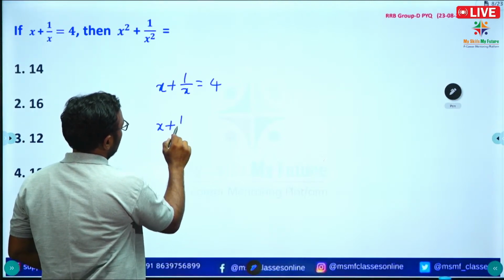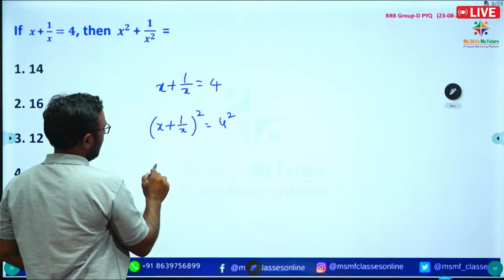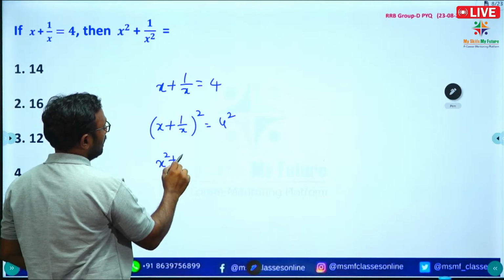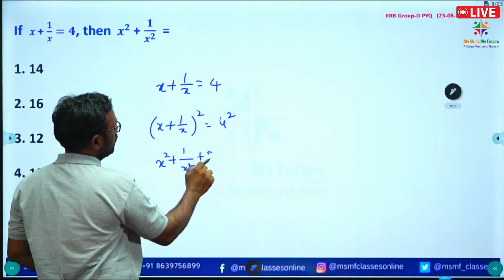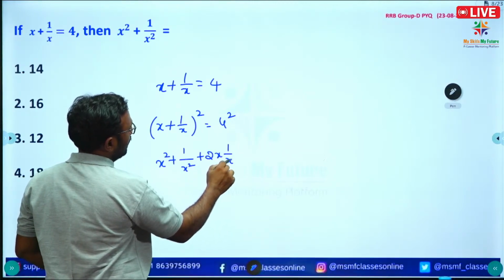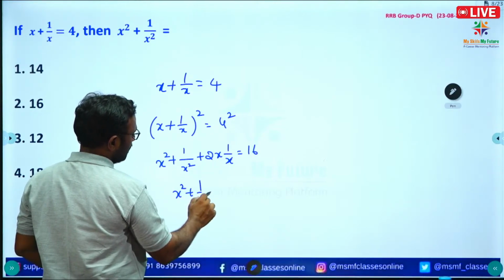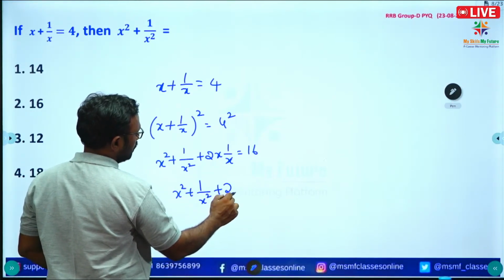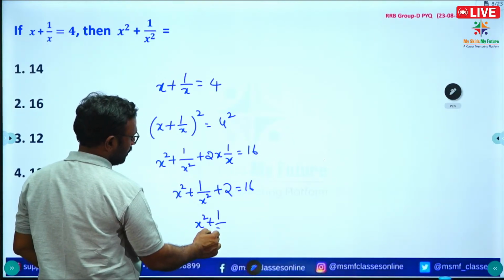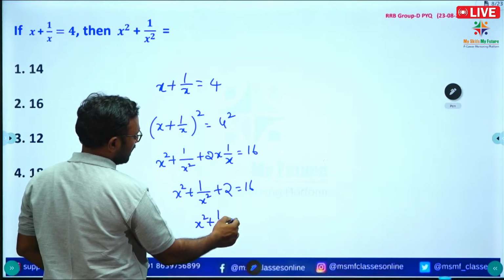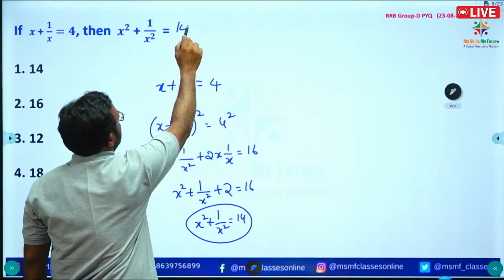So x plus 1 by x whole square, we can take as 4 square. a plus b whole square is a square plus b square plus 2ab. So 2ab, the x cancels. So it is 16. So x square plus 1 by x square plus 2 is equal to 16. x square plus 1 by x square is equal to 16 minus 2, we get 14. So here the value is 14.